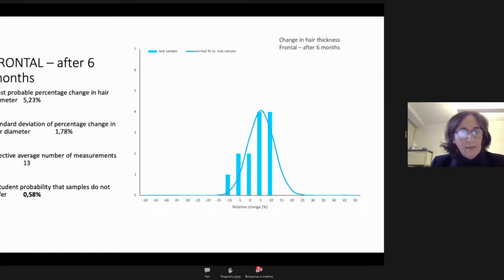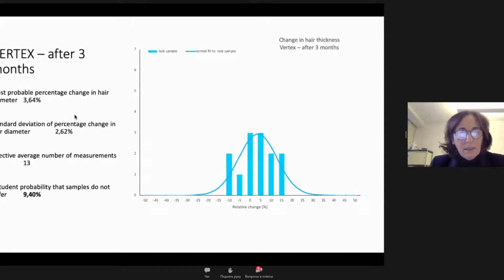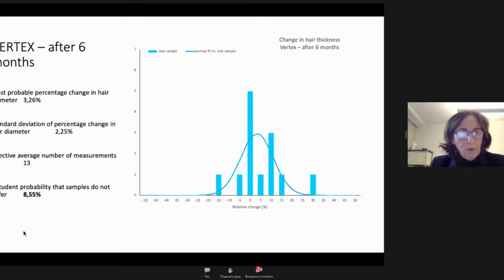Also in the vertex, there was an increase in hair diameter, but not as statistically significant as in the frontal region. Also after 6 months, the hair diameter was increased.